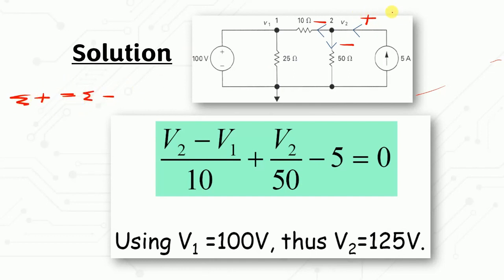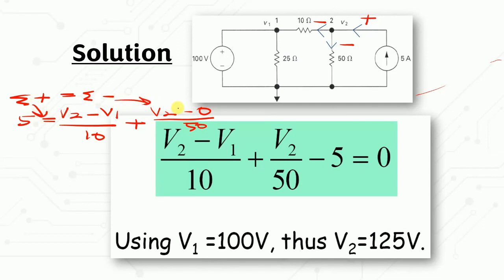The positive current is equal to 5, and the negative current is (V2 minus V1) over 10 plus (V2 minus 0) over 50. So you have this as a positive current and both of these as negative currents. Now we can solve for that. For this equation, it brings this 5 over here, so that's why it will be negative 5.